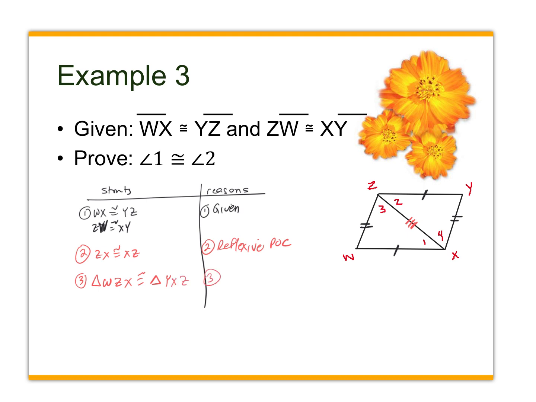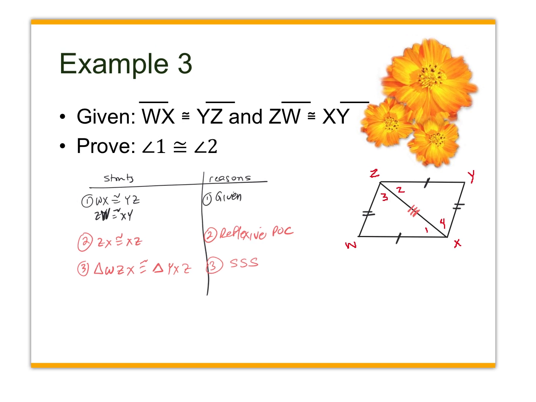And I know those 2 triangles are congruent because of the sides. Notice that again, I proved the 3 sides equal the 3 sides. So now I know that all my corresponding parts are going to be congruent. So angle 1 is going to be congruent to angle 2 because of CPCTC. And again, I'll show you how I know that.